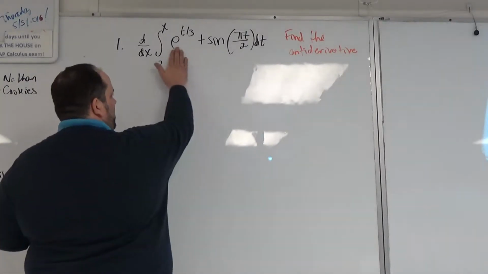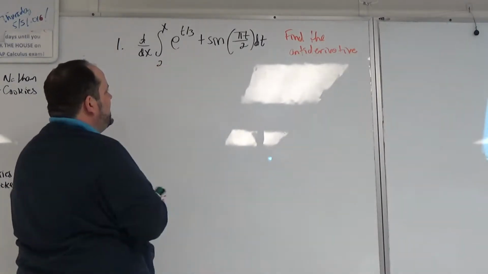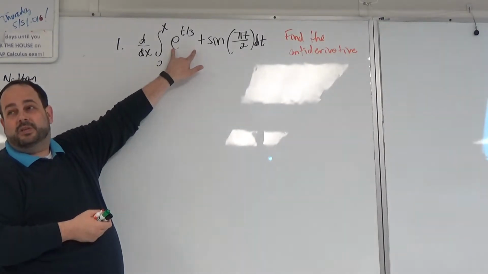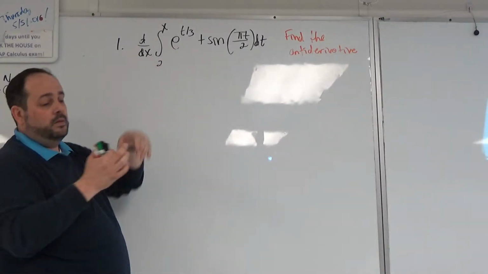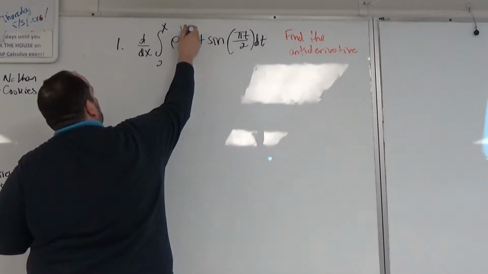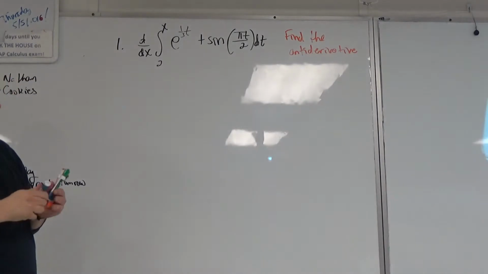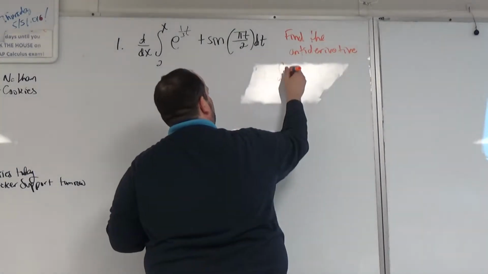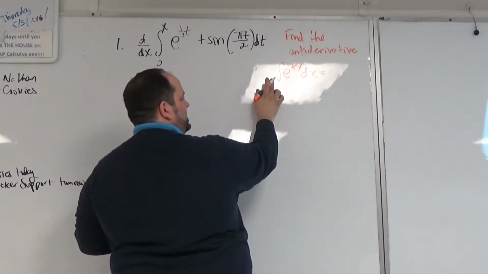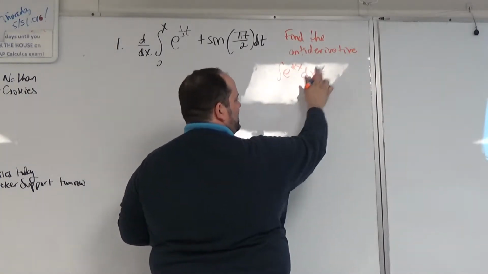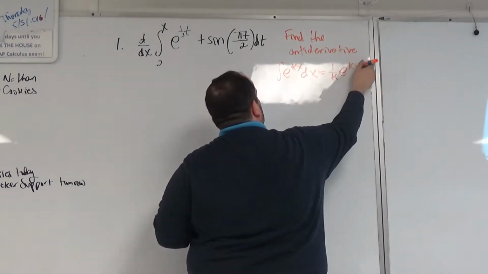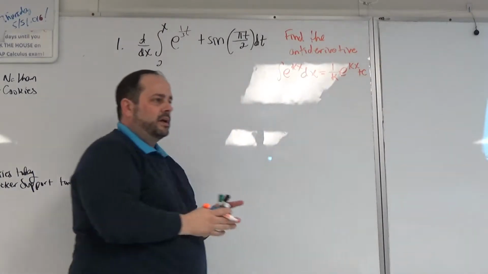Okay, so we've got 2 different pieces here, but specifically this e to the t over 3. There's another way to think of t over 3: 1 over 3 times t. Isn't this the same as 1 over 3 times t? And now, on the side, there once was a time where you were struggling to memorize this, but you know that the antiderivative of e to the kx with respect to x is 1 over k times e to the kx plus C, right?